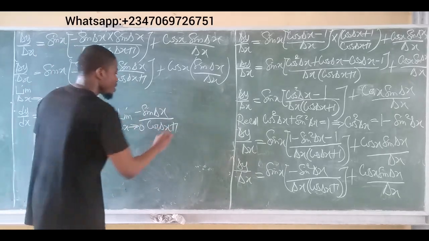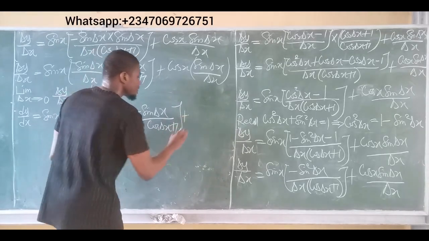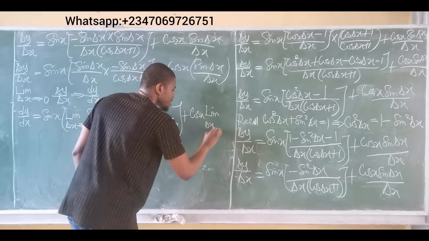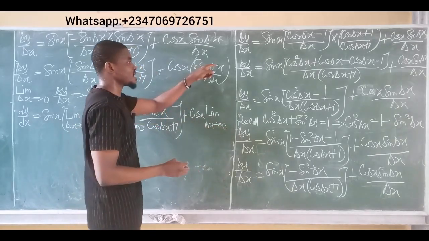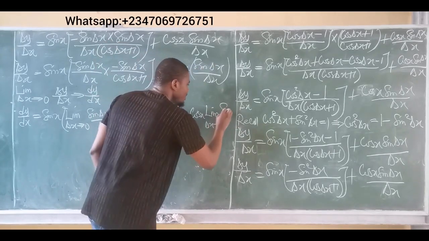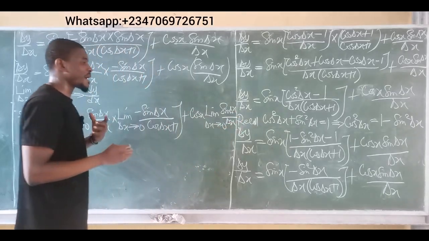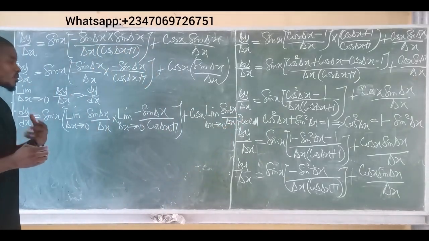Okay, now plus this is cos x. Now the limit as change in x approaches 0, I have sine change in x all over change in x over here.